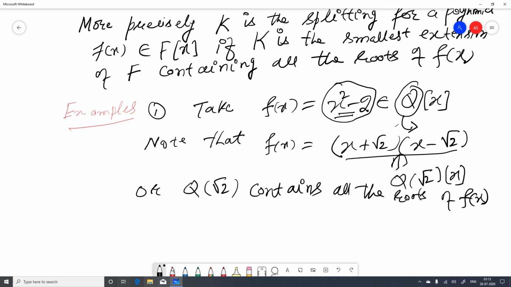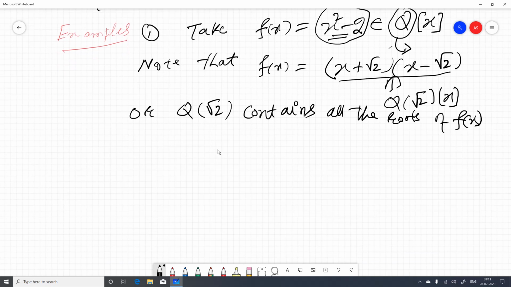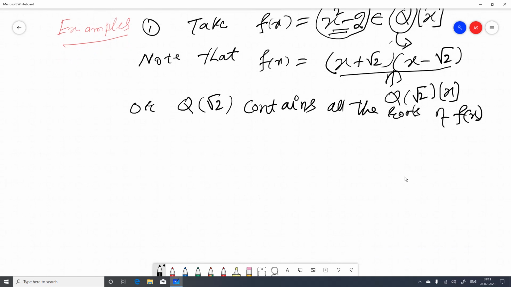Now we have to ensure that it is the smallest extension of Q with this property.